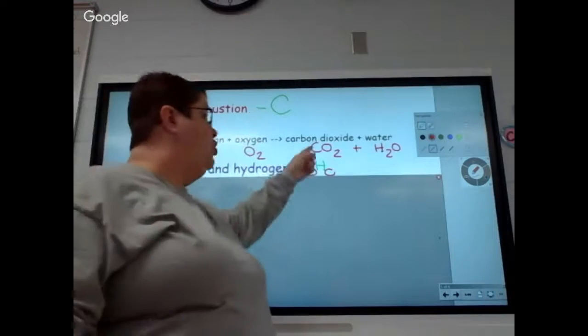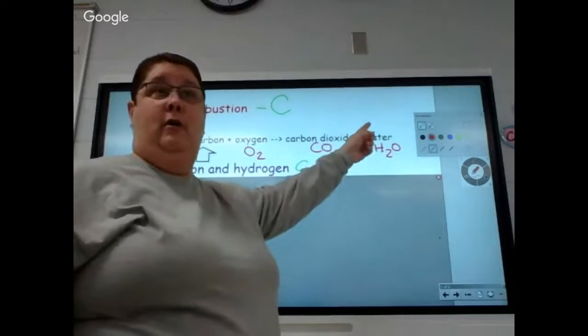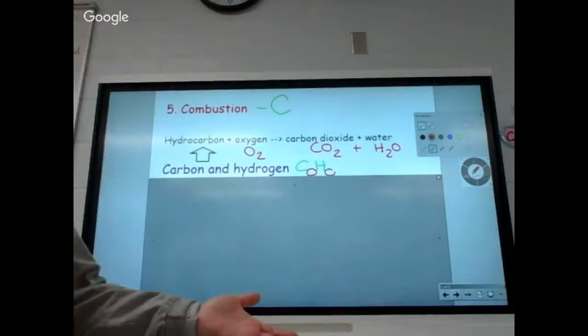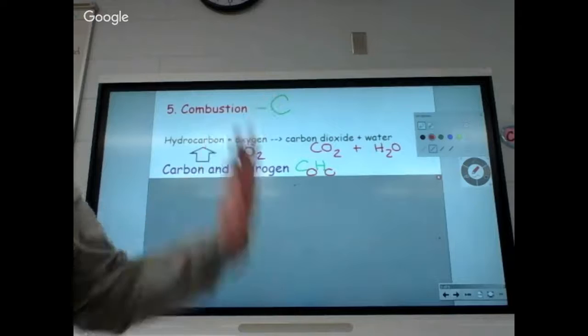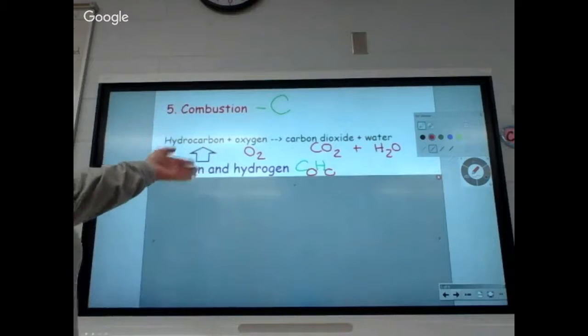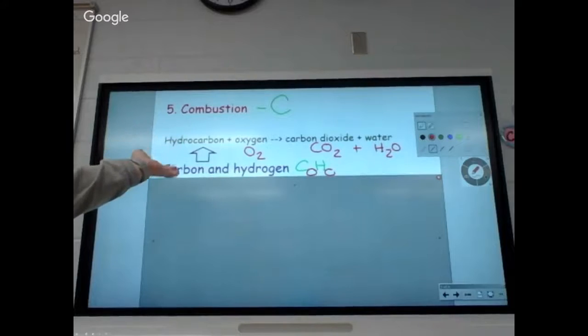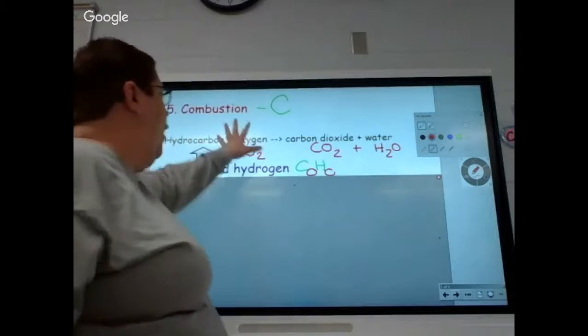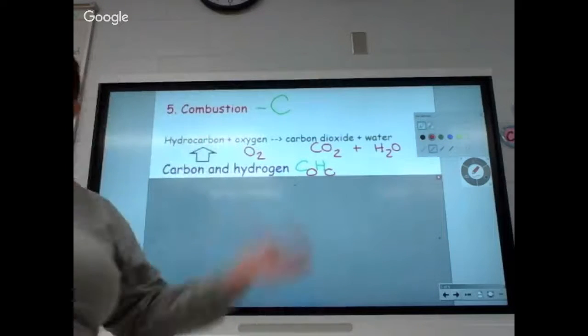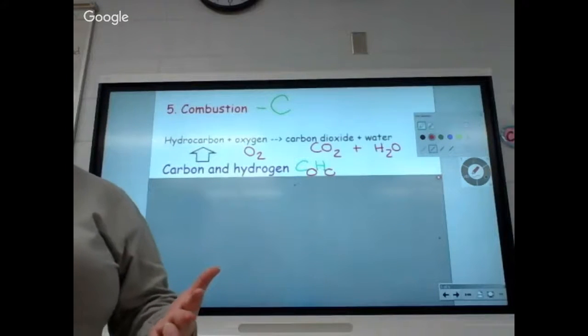And you had to get what 2 compounds? So if you have an equation that just has water in it, can it be a hydrocarbon plus an oxygen getting CO2 plus water to be a combustion reaction? No. Okay? It doesn't work that way. If you see a reaction that just has carbon dioxide in it, can it be a combustion reaction? No. You got to have all 4 parts and only those 4 parts to be combustion.